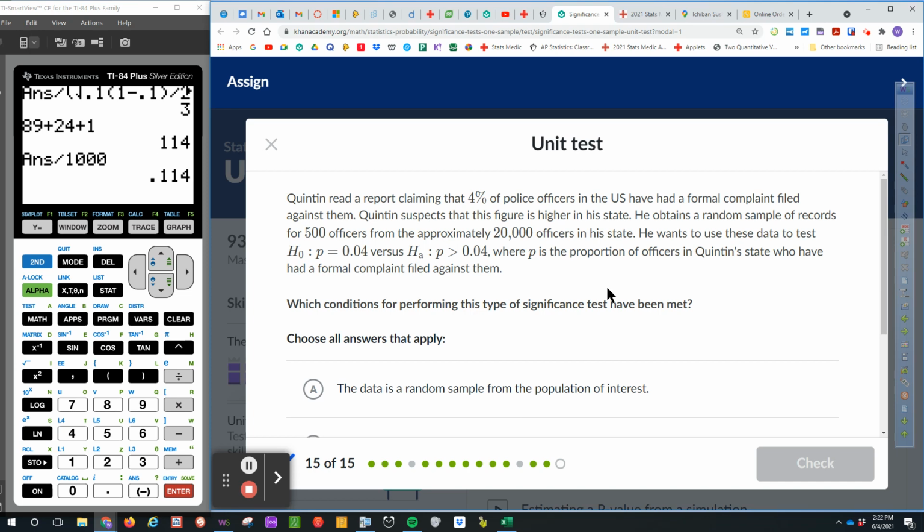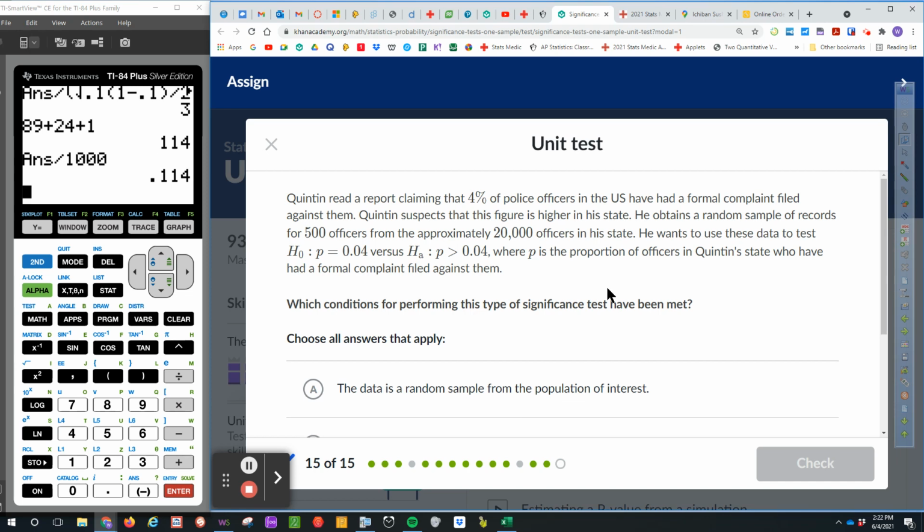He wants to use this data to test p equals 0.04 versus p is greater than 0.04, where p is the proportion of officers in Quintin's state who have had a formal complaint filed against them. Which conditions for performing this type of significance test have been met?